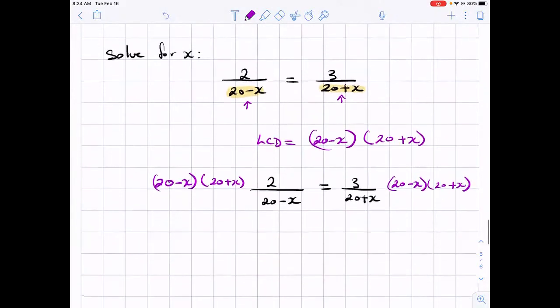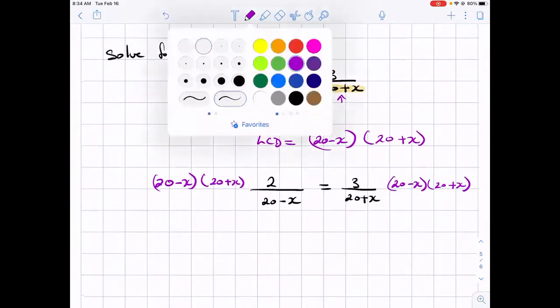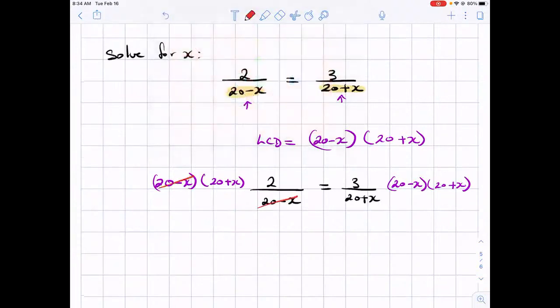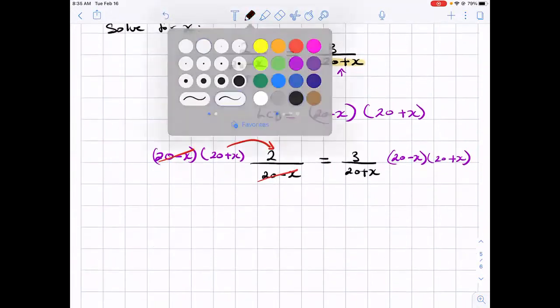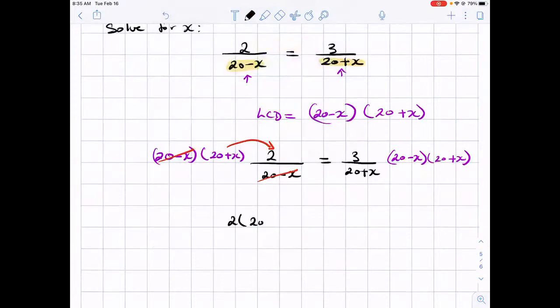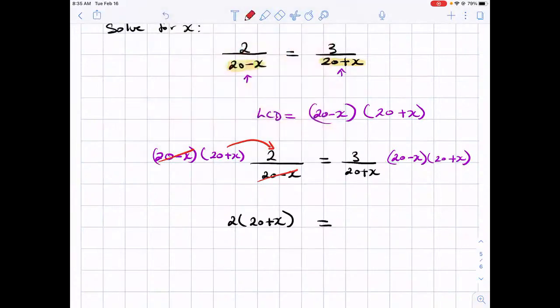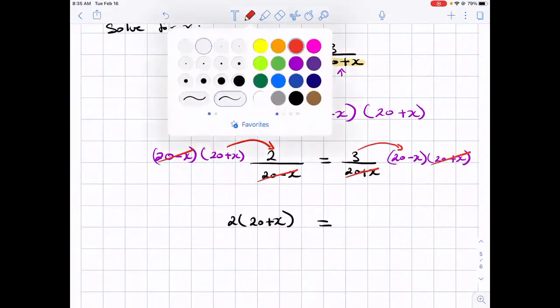As always, the denominators must cancel out. So the 20 minus x cancels with the 20 minus x, leaving me with 20 plus x times 3. On the right side, 20 plus x cancels with 20 plus x, leaving 3 times 20 minus x.